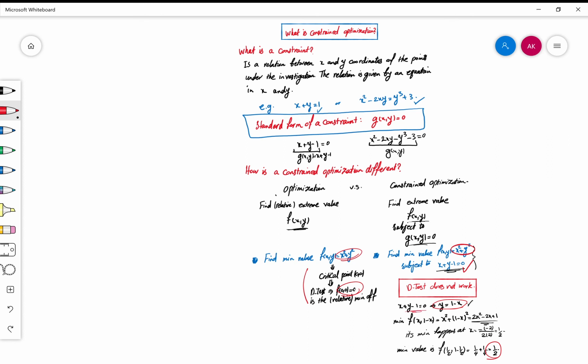I can use the constraint to write one of the variables in terms of another one, and then turn my function into a function with one variable. But in general, it is not possible. In general, what is possible is a method called Lagrange multipliers. In the next video, we will do Lagrange multipliers, and I'll tell you in detail how to optimize a constrained function.